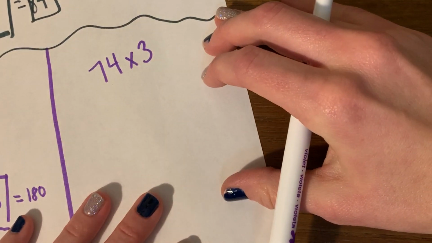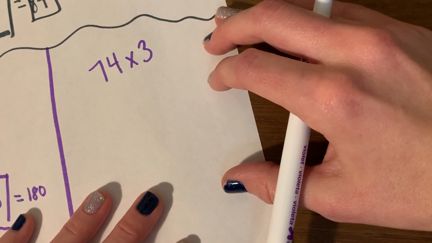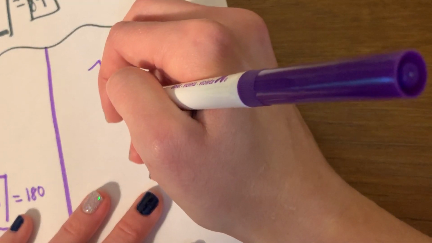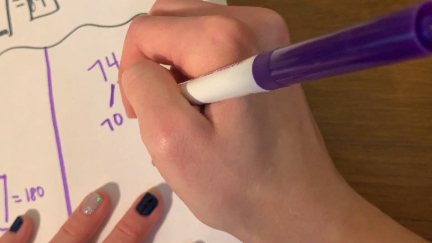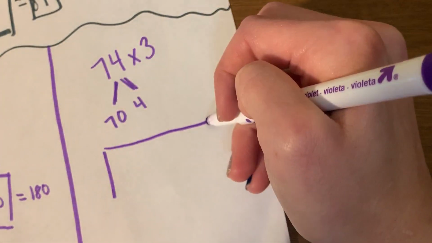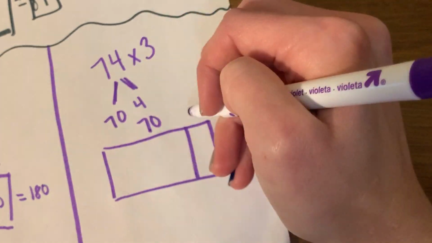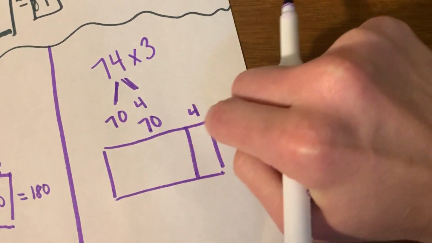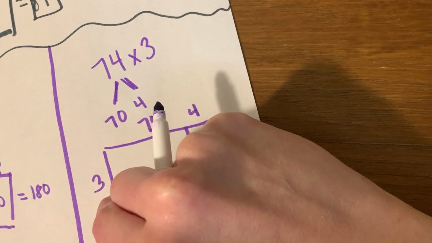Okay, 74 times 3. Go ahead and give it another try on your own. So my first thing here is to break this down into expanded form, 70 and 4. And then I'm going to draw my rectangle, 70 and 4, so still 74 groups, times 3.